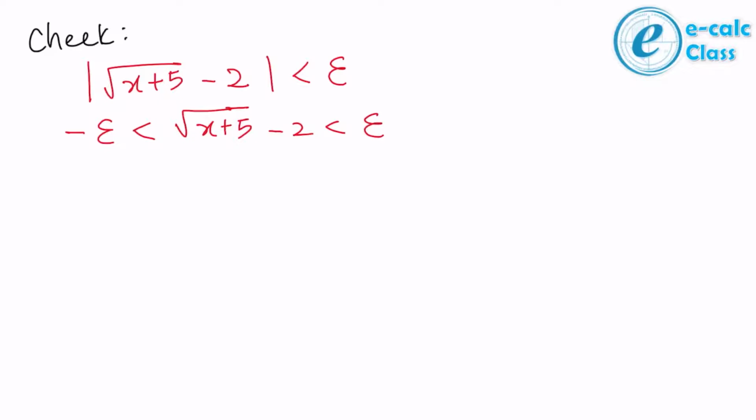Then bring the 2 over: 2 minus epsilon is less than the square root of x plus 5, which is less than epsilon plus 2.